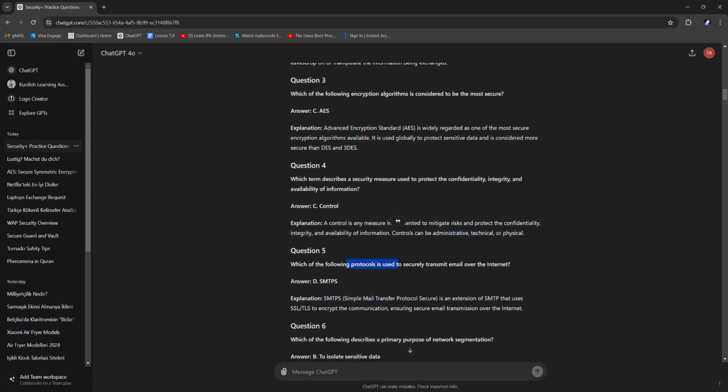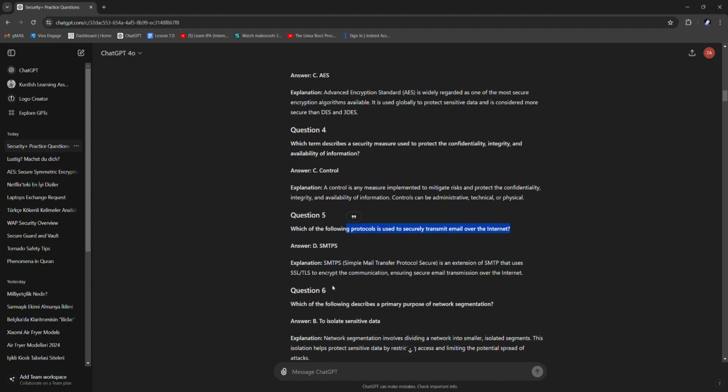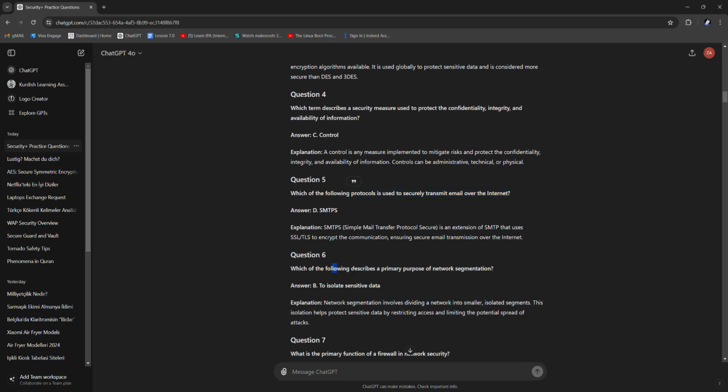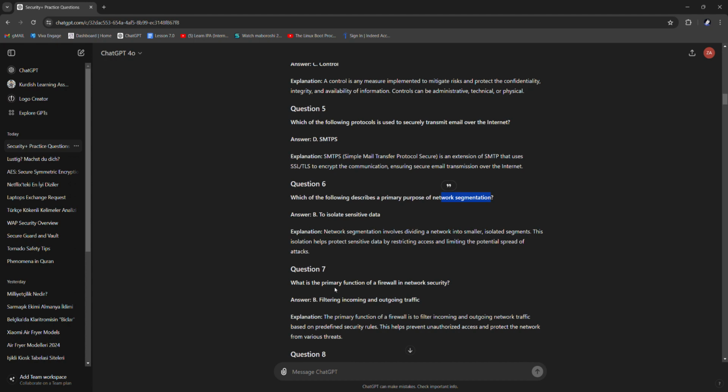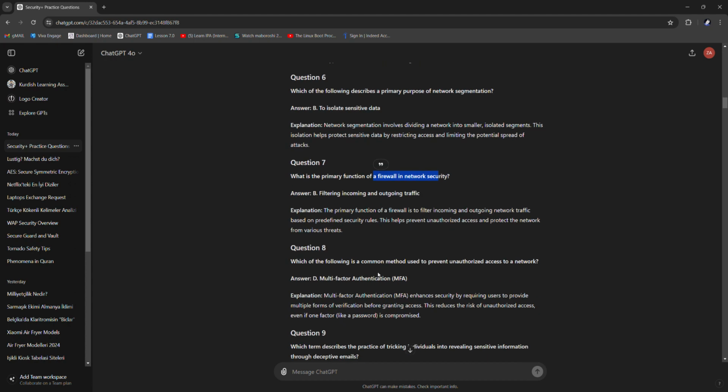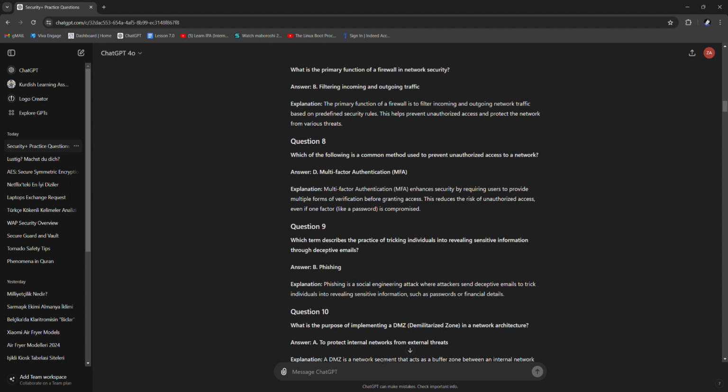The protocol to securely transmit email is SMTPS. Network segmentation's primary purpose is to isolate sensitive data. Firewall is filtering incoming and outgoing traffic. Preventing unauthorized access to a network is multi-factor authentication, so simple.